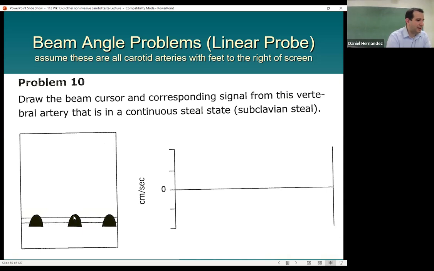If it's retrograde, then it's going to be a positive shift. So if I'm steering this way and I wanted to show a subclavian steal syndrome, it would be above the baseline because it would be coming towards, it'd be a positive shift. That's a little tricky.